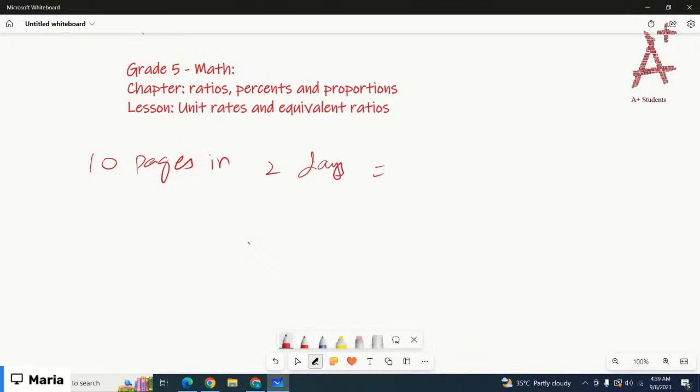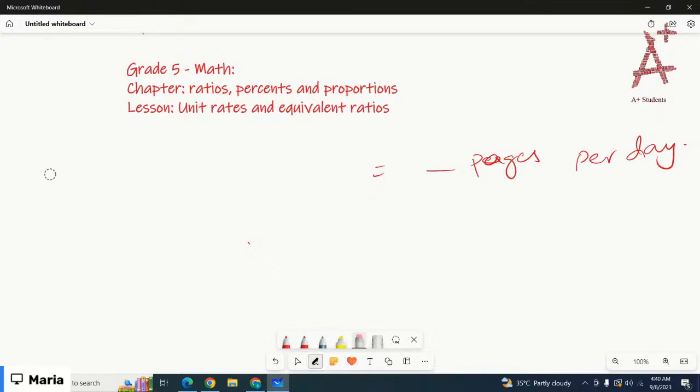So how many pages per day? Which is the correct option? You have to divide 10 by 2, so that would be very good. 5, that means 5 pages per day, right?